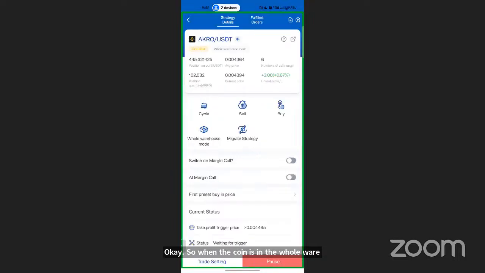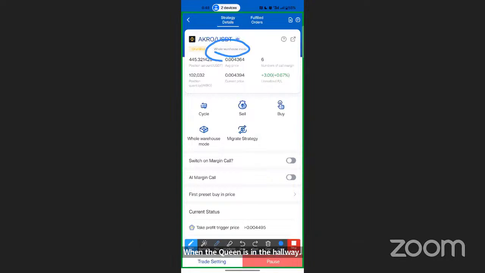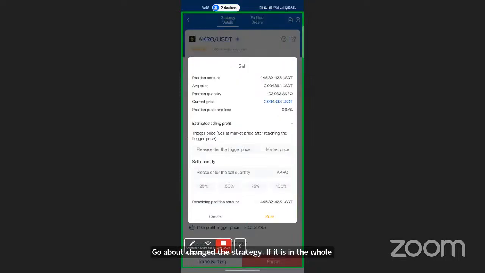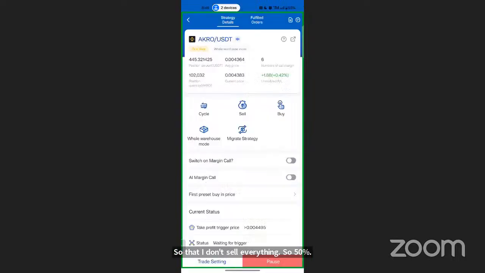If it is in the whole warehouse mode and it has not changed the strategy, you can always sell off either 75, but let me sell off 50% so that I don't sell everything. So I'll sell off 50% of the coin. Okay, so I've sold. You see? So I've sold off 50%.